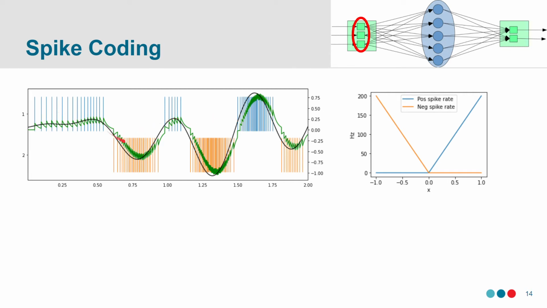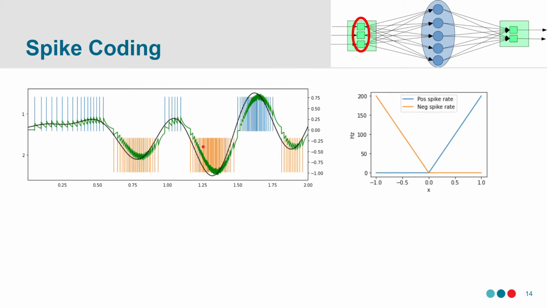The worry with this style of encoding is that we're really not good at representing values near 0. When we're near 0, pretty much no neurons are firing, so it's really hard to distinguish: are you close to 0, or at 0.1? The difference between 0.1 and -0.1 is really hard to tell, because there are no spikes at all at those scales. So that's a little bit of a worry.